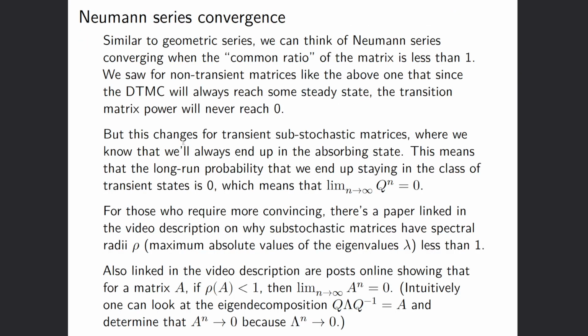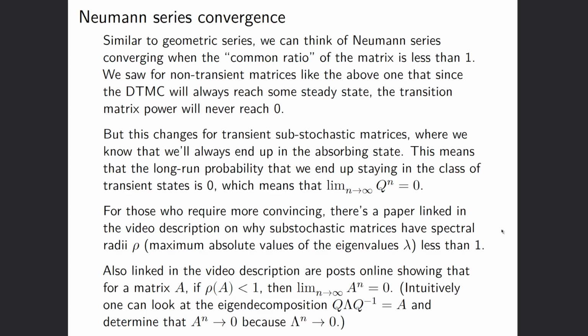So for transient substochastic matrices, we'll always end up in an absorbing state, so our limit is always going to go to 0. And as for a more convincing argument, there's a paper that I'm going to link in the video description on why substochastic matrices have spectral radii rho less than 1.